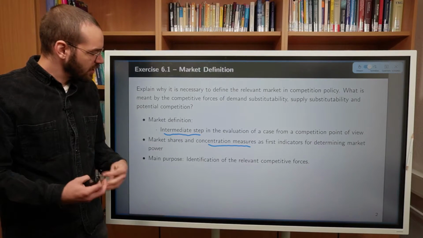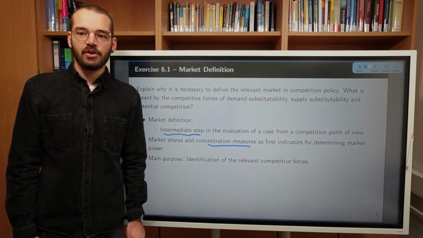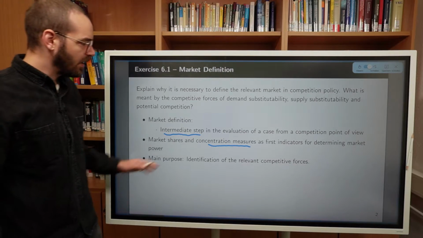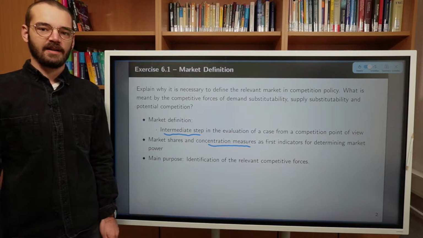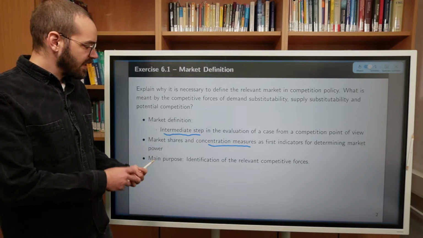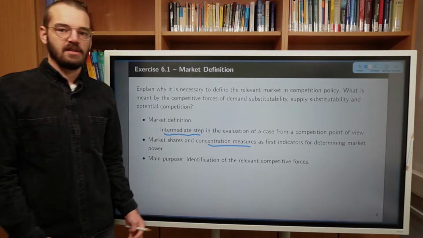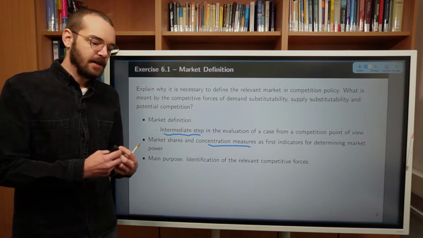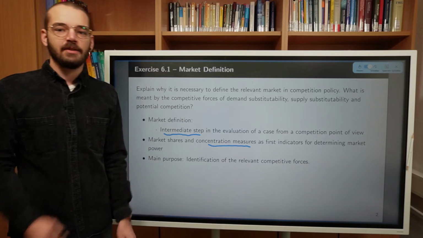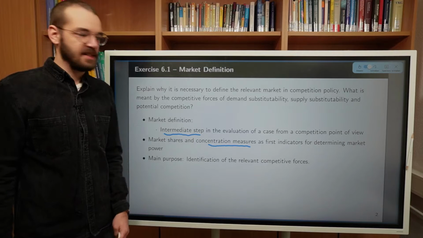These market shares and concentration measures are a first indication for determining the market power of the firms that are active in the market. Now, the main purpose is, of course, the identification of the relevant competitive forces. So we want to identify the supply side of the market as well as the demand side of the market and understand these two sides better.